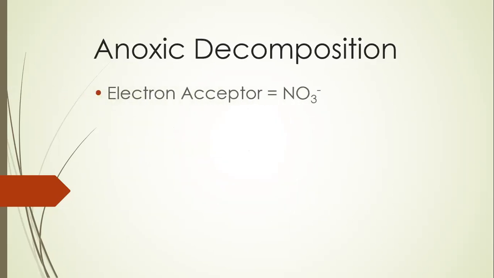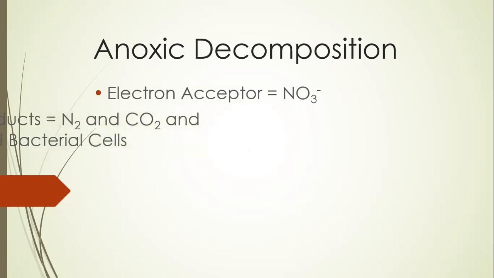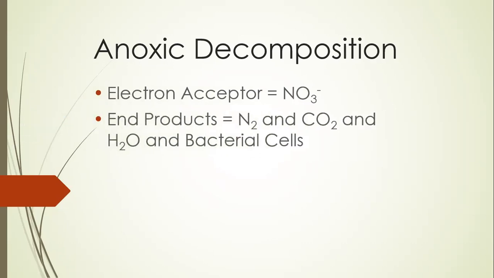In the anoxic decomposition, the electron acceptor is nitrates, and you will have nitrogen gas, carbon dioxide, water, and bacterial cells as byproducts.